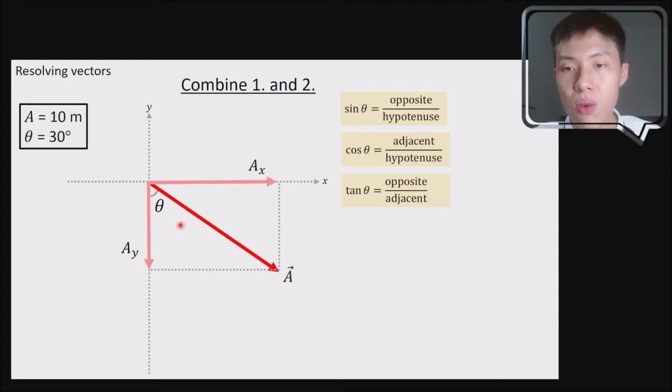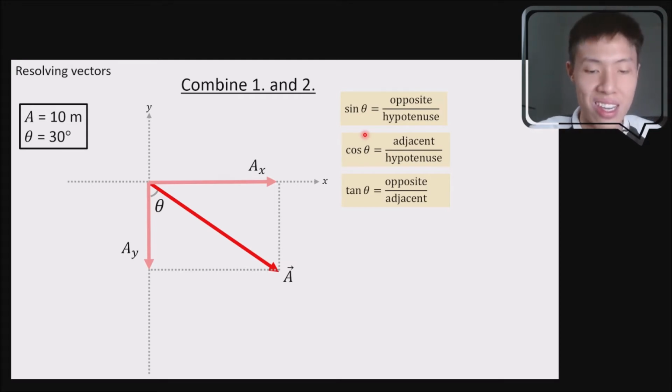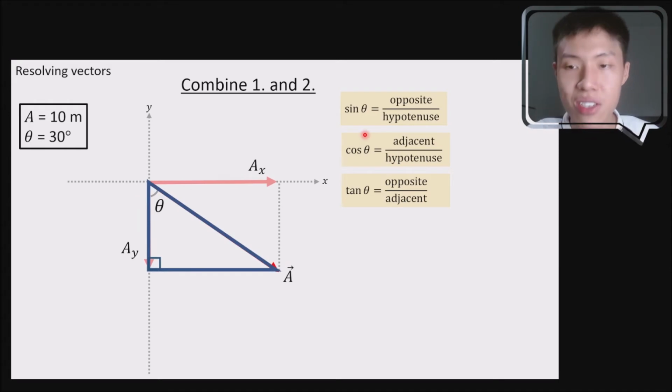Okay, so now we know that we need to use our SOHCAHTOA. That means we have to know where is our right angle triangle, because SOHCAHTOA is applied only to right angle triangle. So where is our right angle triangle in this case? Here I draw for you the right angle triangle. As you can see, this blue right angle triangle has a 90 degree over here, and the theta must be included in the right angle triangle.